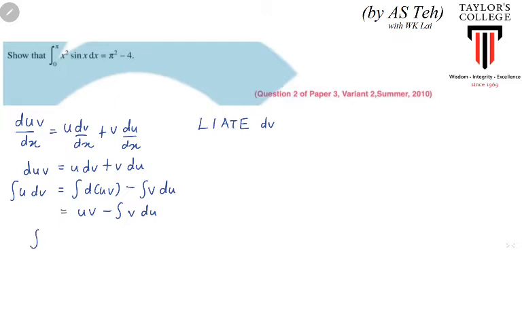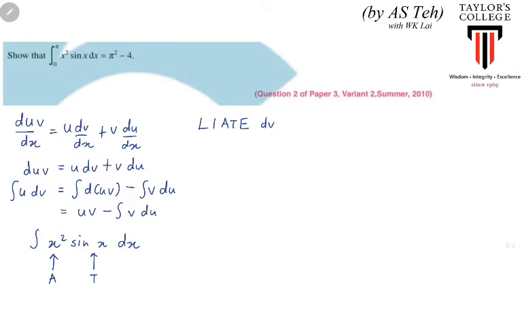So we have the integral of x squared sine x dx. What I mean by looking at the LIATE is that I identify that this is an algebraic function, while this is the trigonometric function.